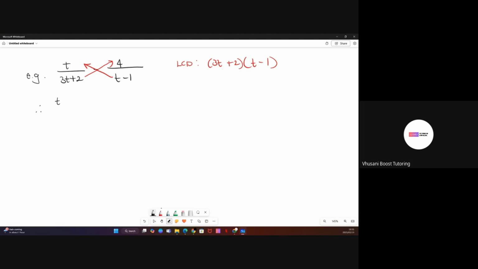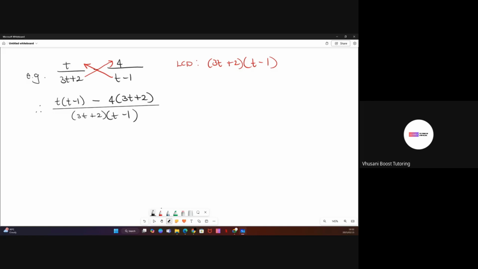Therefore, we have t multiplied by t minus 1, right? Minus, remember we had a negative symbol in between, minus 4 multiplied by 3t plus 2. And then this is divided by your lowest common denominator, which we just found over there, which is 3t plus 2 multiplied by t minus 1.